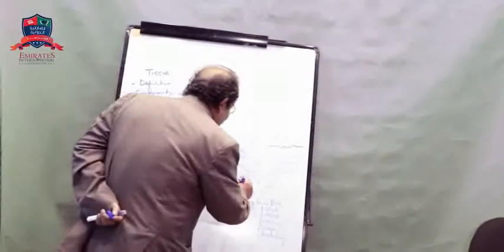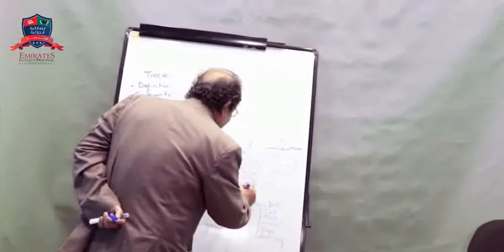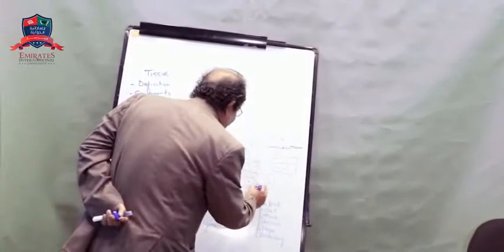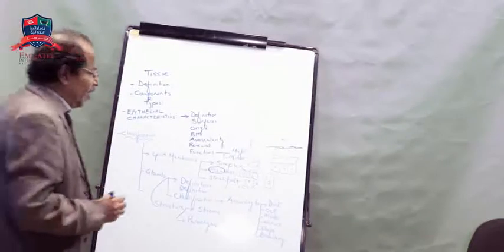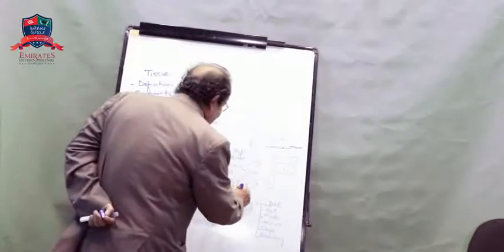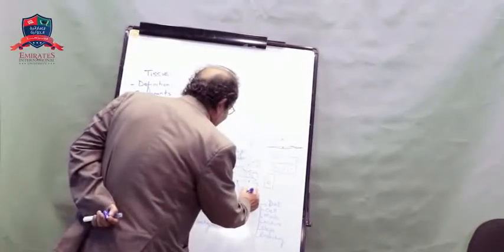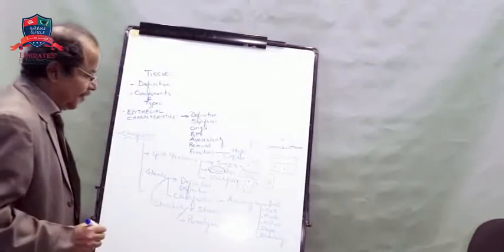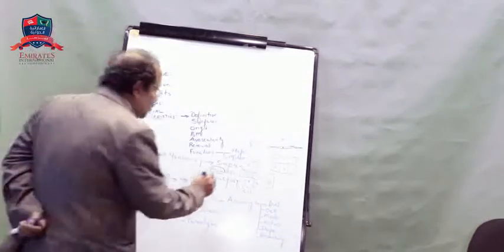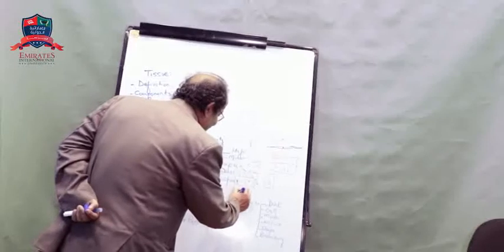And then you've got the stratified cuboidal, which are found in some ducts of glands. And you also have another type which is known as stratified columnar cells. And you have what is known as the transitional.